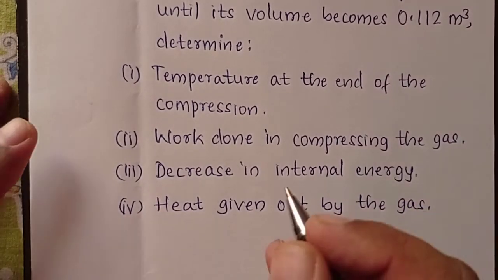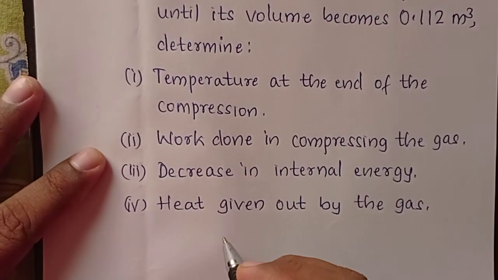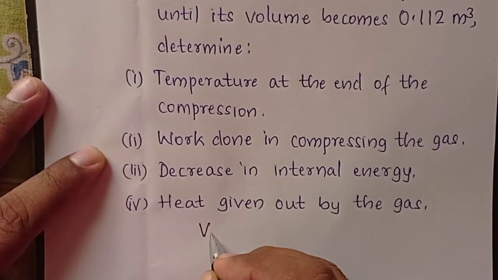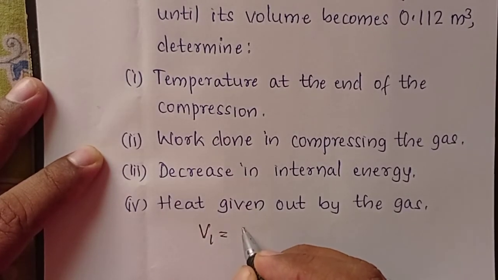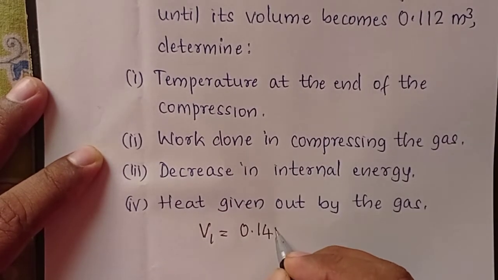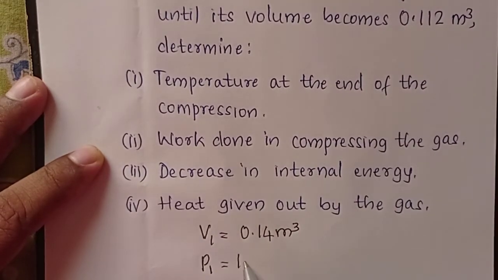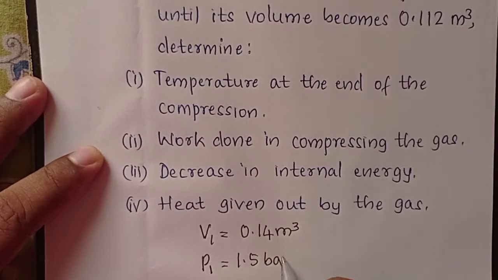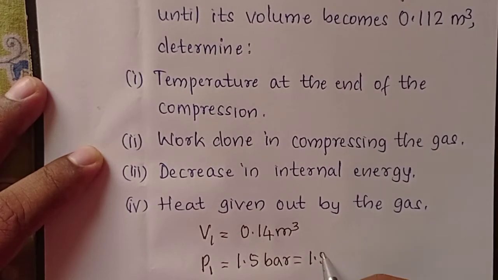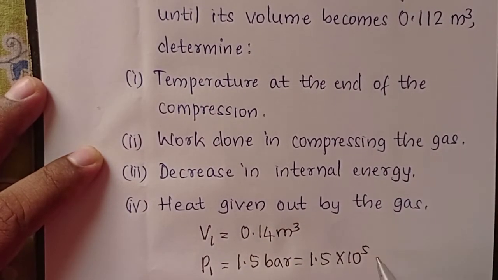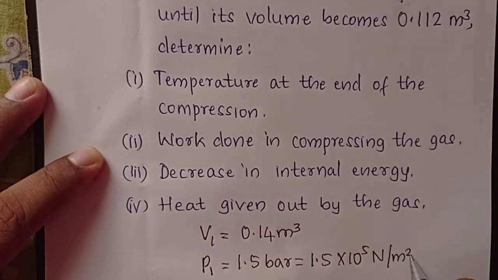So let us write what are the things given in the problem first. He says the volume given V1 is 0.14 meter cube. Then pressure P1 is 1.5 bar, that is 1.5 into 10 to the power 5 Newton per meter square.